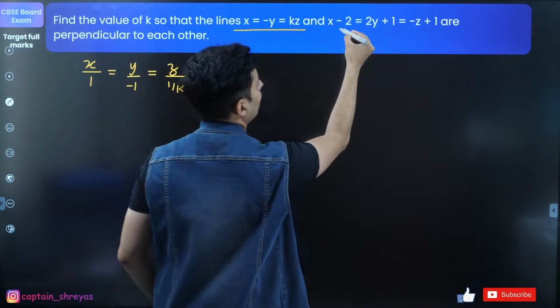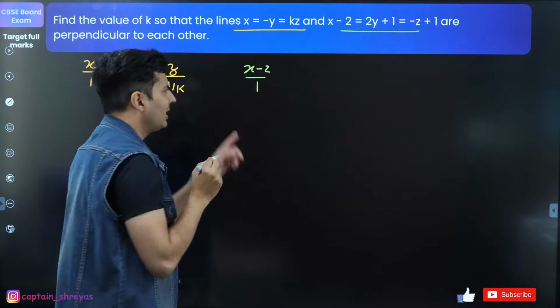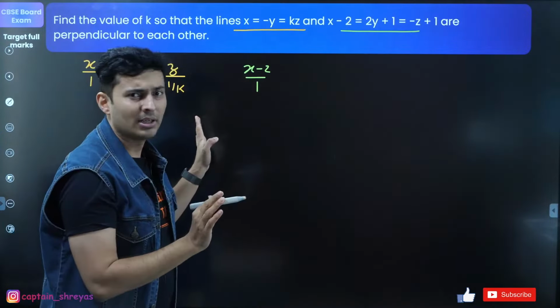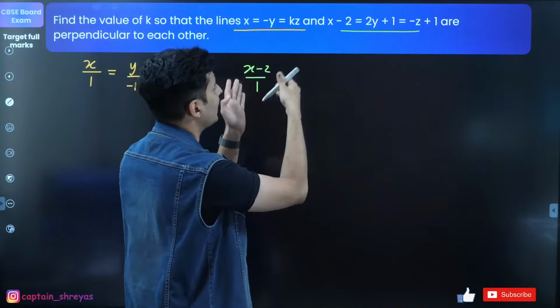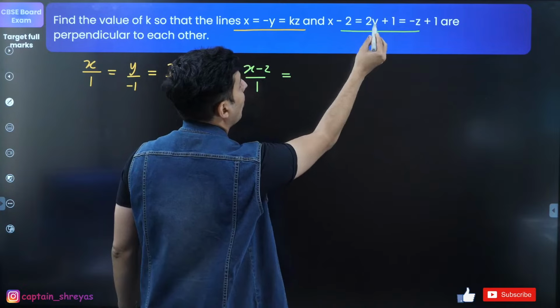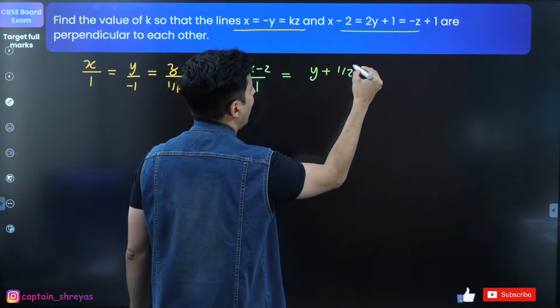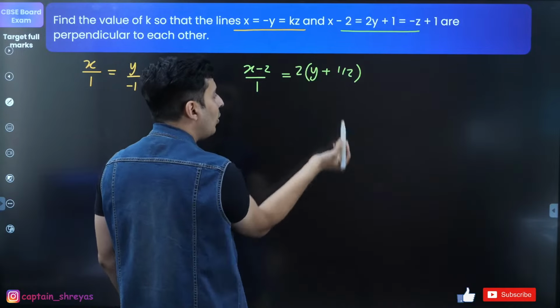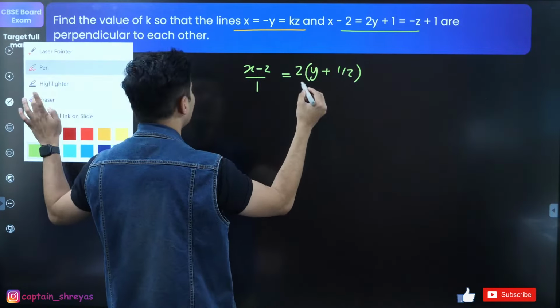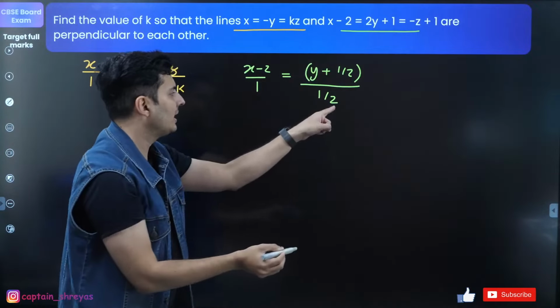Next, over here for this equation, what is it? x minus 2, I can just divide it by 1. It's okay if there is plus or minus, no problem. It's just intercepting the x-axis at some other point. Now this will become 2 times y, no, does not work. So y plus half into 2. How do I bring this 2 below? Write it as 1 by 2. Makes sense, because that 2 goes on the top.